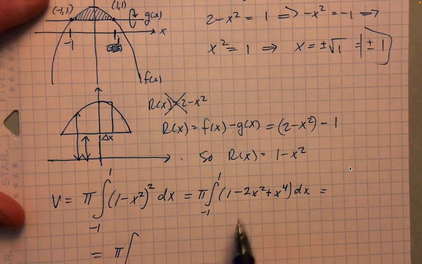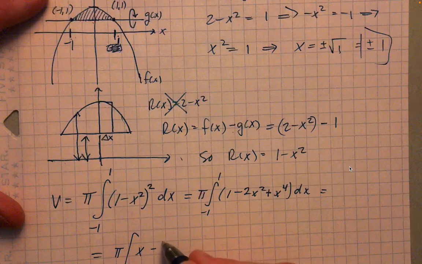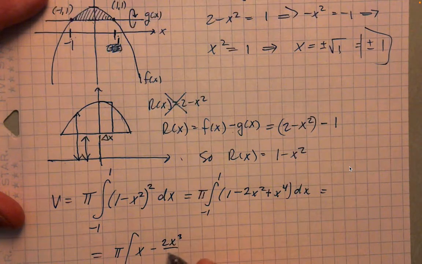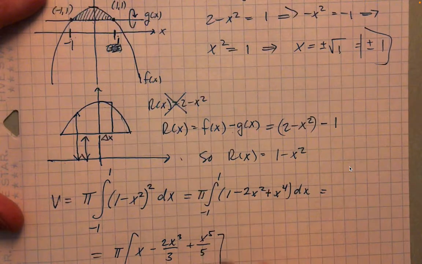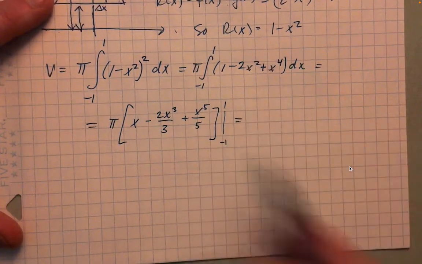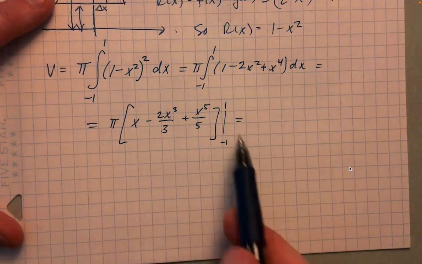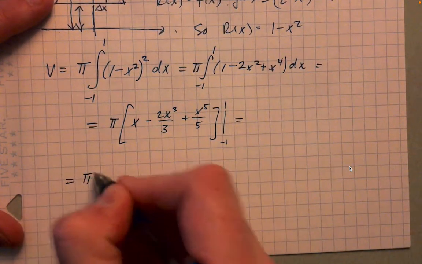Okay, and so what do we get here? We get x minus 2x cubed over 3 plus x to the 5th over 5, and that's from -1 up to +1. Okay, and then we can plug in our values here. So we're going to evaluate everything at 1, then everything at -1. So I'll do it down here in this next line.